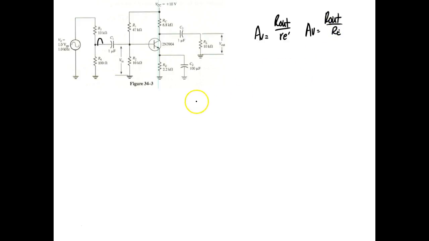So what was our R out? You gave me the answer, but what was our R out? Okay, so we said 4.1K over 55 ohms.